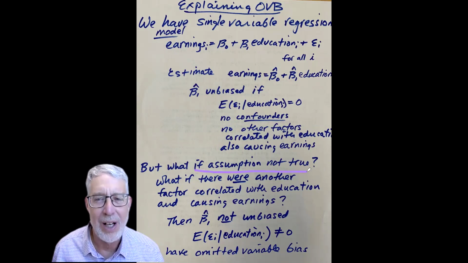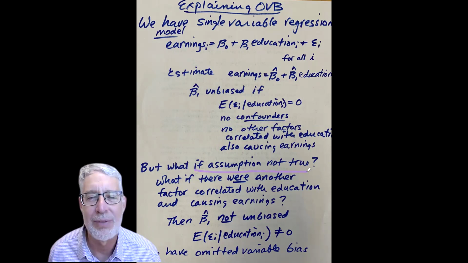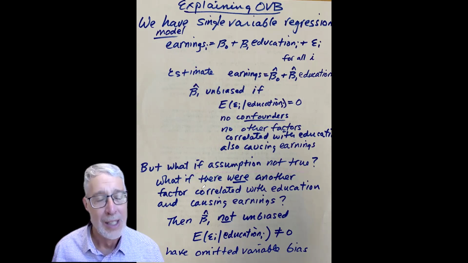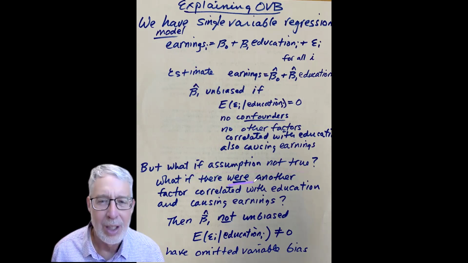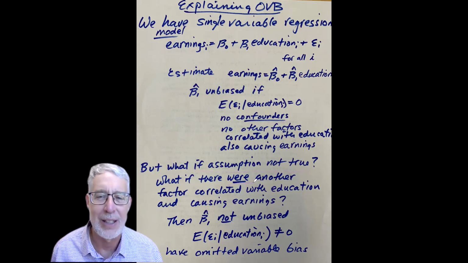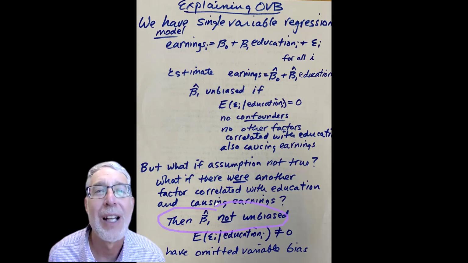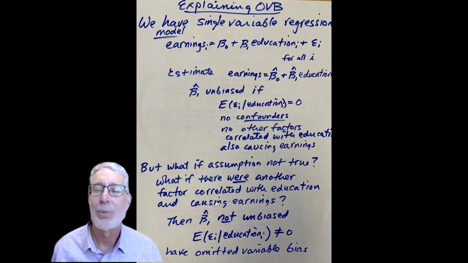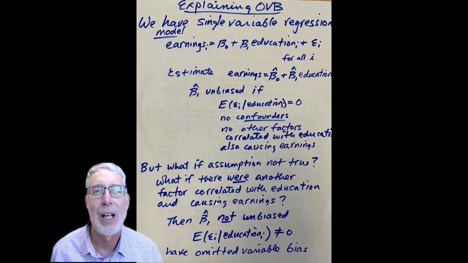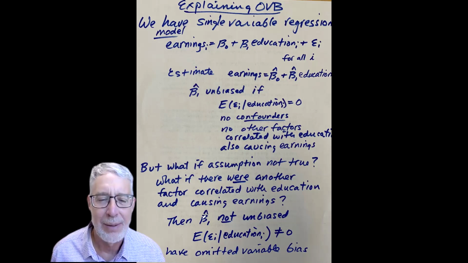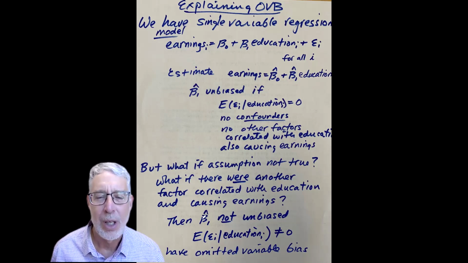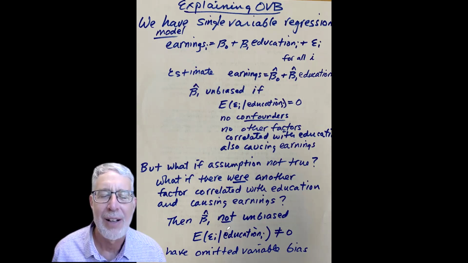If our assumption that there are no confounders were not true, that is, if there were another factor correlated with education and causing earnings, then beta 1 hat would not be unbiased. We would have omitted variable bias. The expected value of the coefficient would not be equal to the true coefficient, and we'd have a biased coefficient on average.